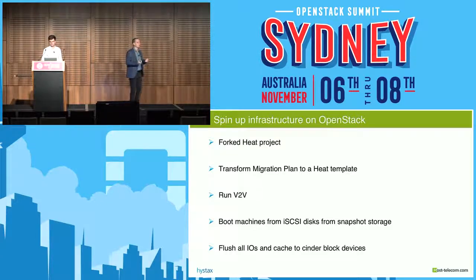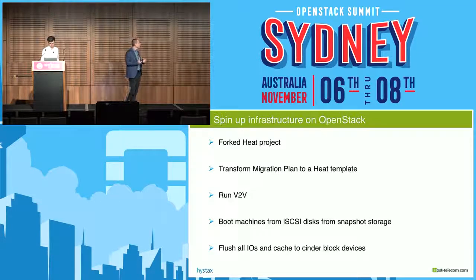So we don't want to require the customer to add the Heat project to any of the OpenStack installations we're migrating to. The next reason is that we want to be able to migrate not only to OpenStack, but also to other platforms. We can use Heat for that as well, just to provide orchestration and to add our own resources to Heat. That's why we forked it and added our resources.